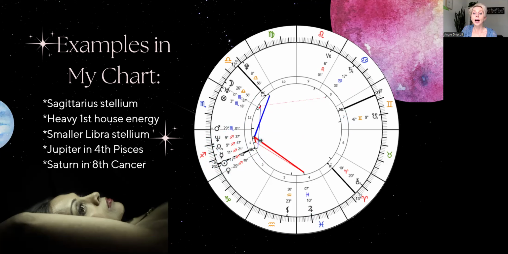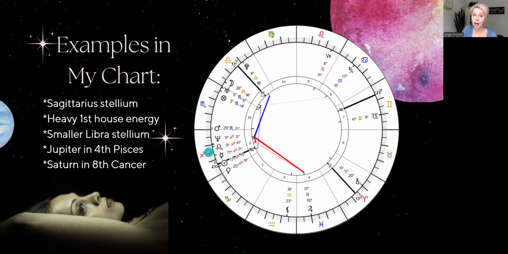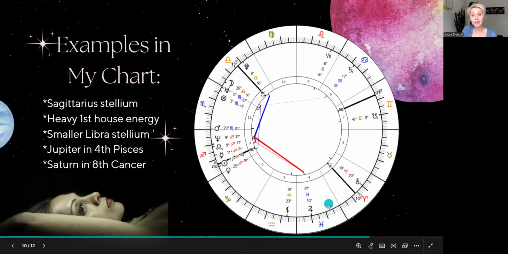A couple of other things that I can observe here is that I want to look at Jupiter. I want to look at where the ruling planet is for all of these Sagittarius placements. Jupiter is in the 4th house of home and family. So all of these Sagittarius placements in the 1st house of self have to come back to answer to Jupiter in the 4th house of home and family.